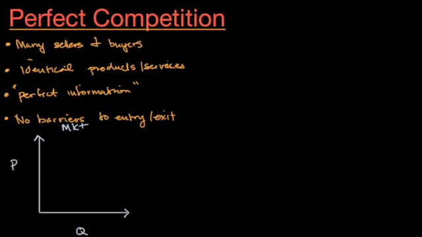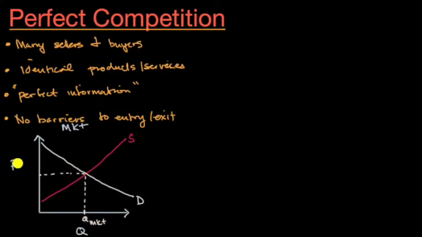Let me do this in a different color. So you have an upward sloping supply curve like that. And you would have a downward sloping demand curve like that. And we know what the equilibrium price and quantity would be for the market. So this right over here would be the equilibrium quantity for the market. And this right over here would be the equilibrium price for the market.